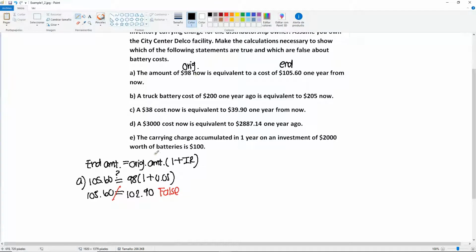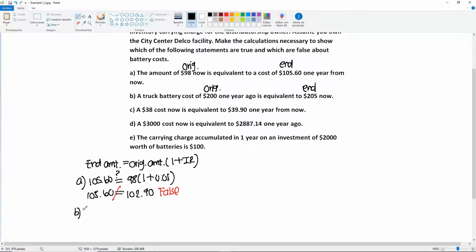Okay. So now let's go to statement B. A truck battery cost of $200 1 year ago is equivalent to 205 now. So again, even though it says now, you're going to see that this happened 1 year ago, so therefore the 200 is the original and the now is the end.